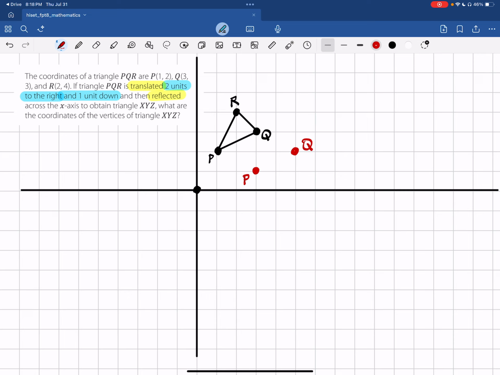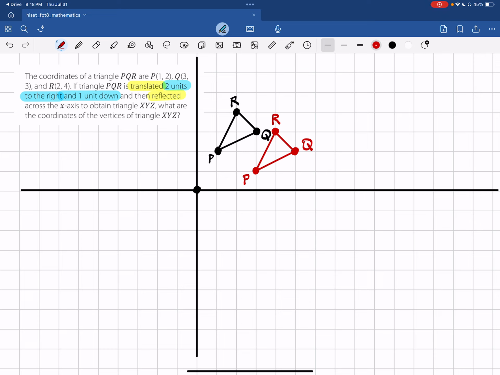And then point R, it says to move it over 2 and down 1. So the new point R is going to sit right there. So we translate it from one position to another. Now notice that it looks exactly the same. It's the same size. It looks identical because it is identical. It's just shifted over and down a little bit.